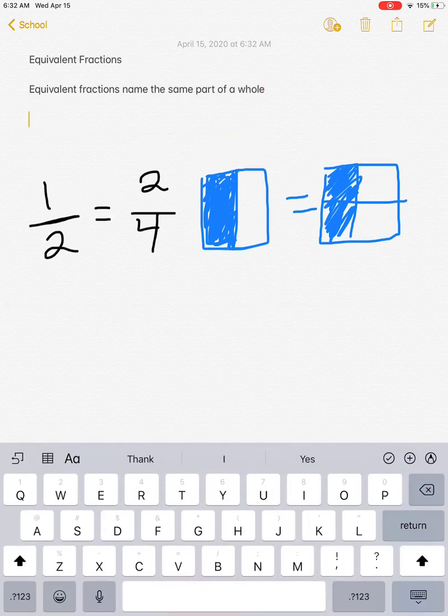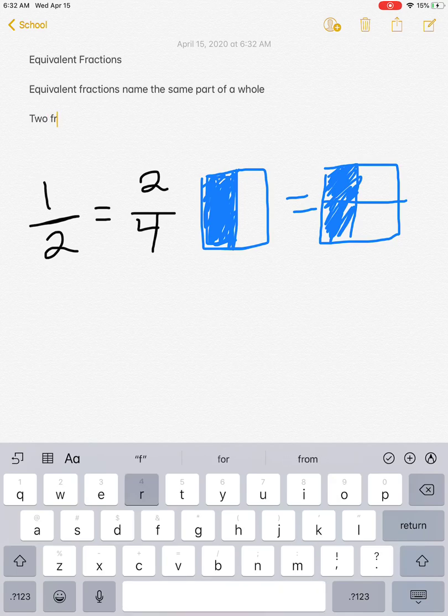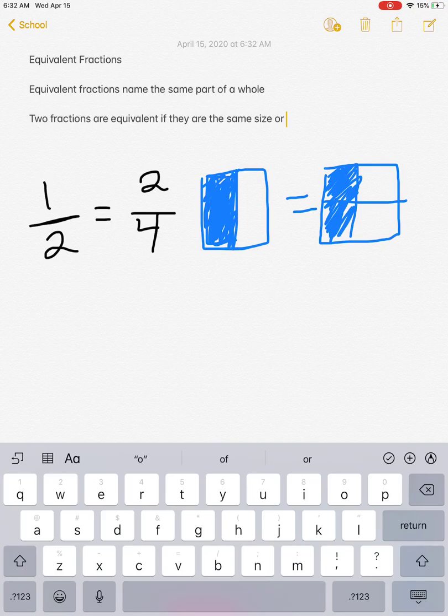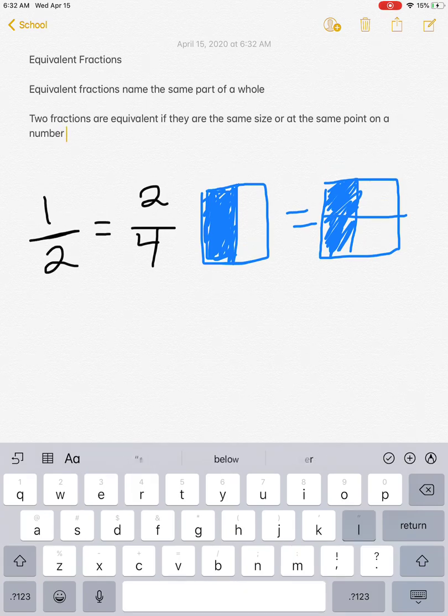One more detail I'm going to add for you is that two fractions are equivalent, they're the same, if they are the same size or at the same point on a number line.